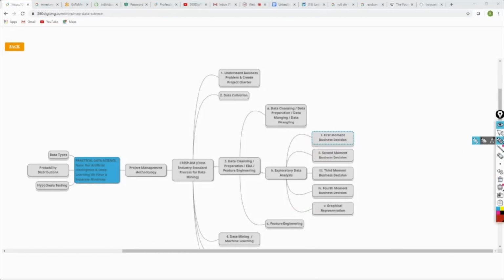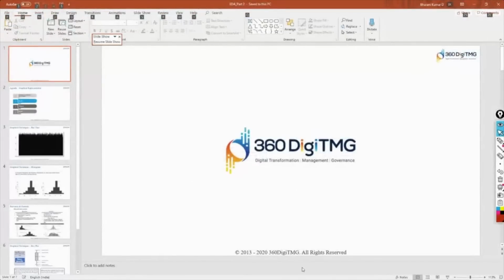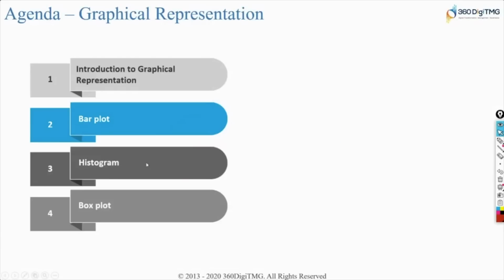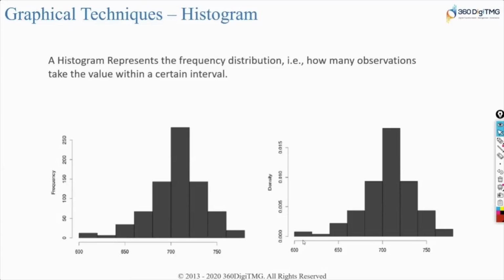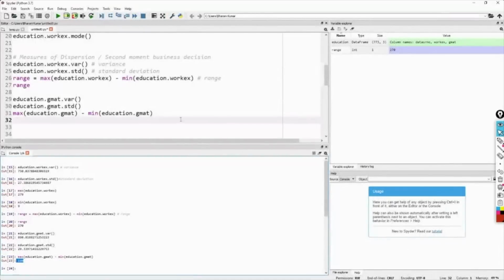We are going to discuss about three key plots as part of this. So we are going to discuss about bar plot, histogram, and box plot. This is a bar plot. And this is a histogram. First, let us do these two things in Python, and then we will understand more.